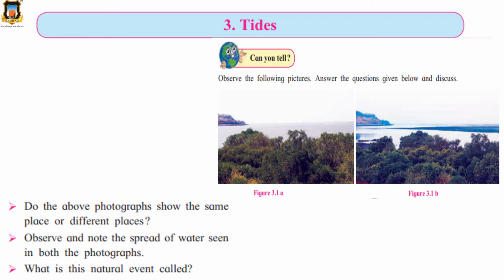We saw lunar eclipse and solar eclipse: total lunar eclipse, partial lunar eclipse, total solar eclipse, partial solar eclipse, annular solar eclipse. So, we all have seen all these things, the sun, the moon, and the earth.